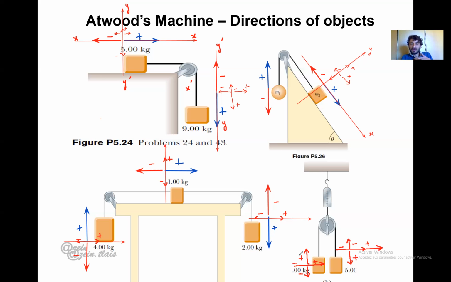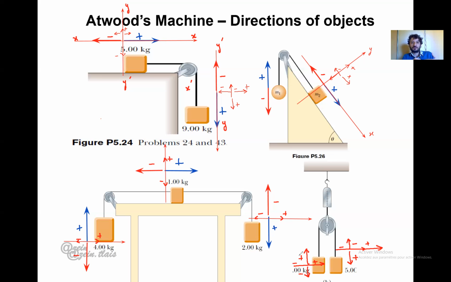Okay, a very important point here. Maybe you don't know, we considered that we have a clockwise motion, but I am not sure. Maybe the system will move anti-clockwise. In this case, you calculate A, okay? If the calculated value of A is positive, so you chose the right direction.